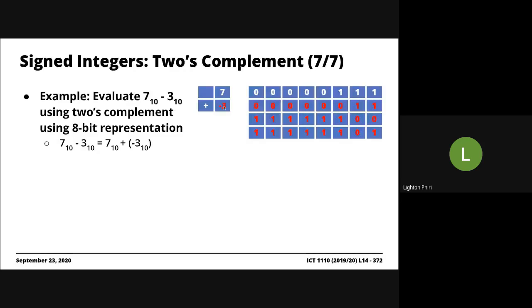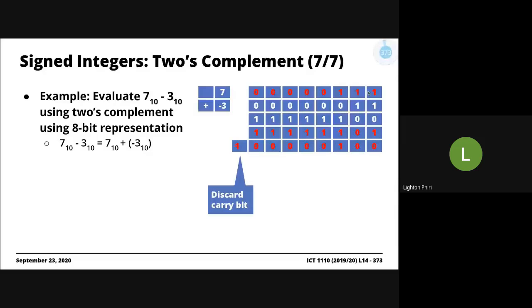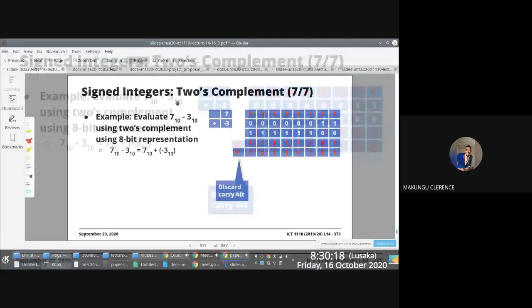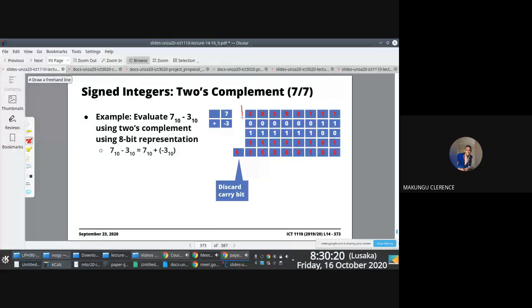You first of all convert +3 to binary, which is the second row here, 000000011, and then you flip the bits, 111111100, and then you add 1. So we're adding 1 to this third row here. When we add 1, we have 11111101. And then the final step is we add this row here and this row here.